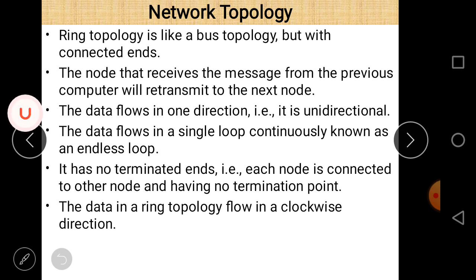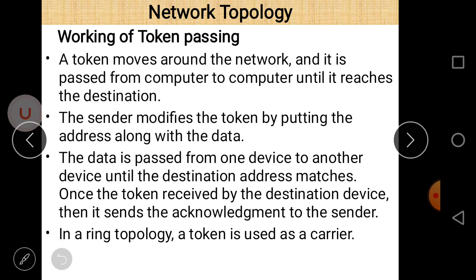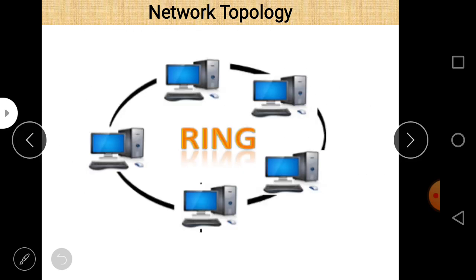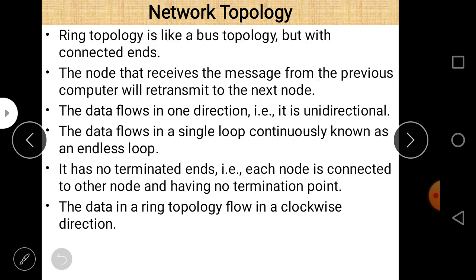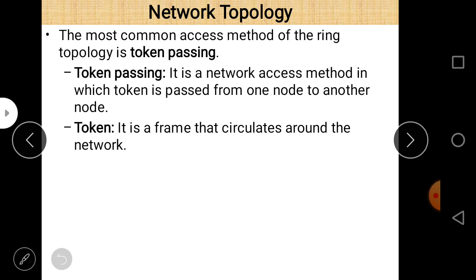Each system is connected with its neighboring nodes or devices, and there is a concept called token. In bus there is a broadcast of data, but ring topology works on the principle of token passing. The token includes data as well as the address of the destination.